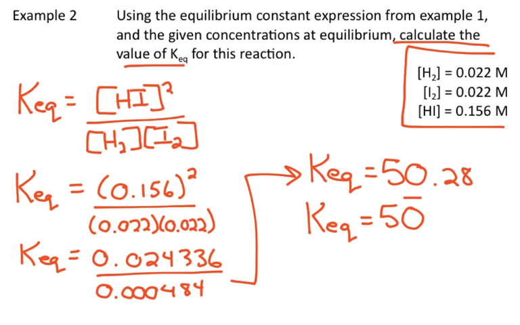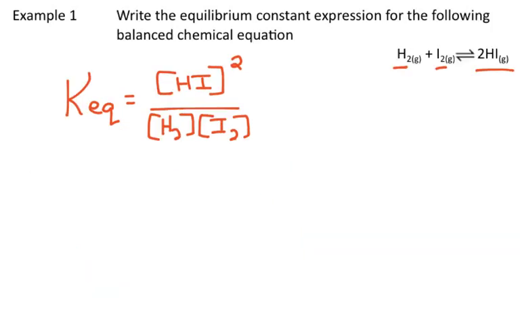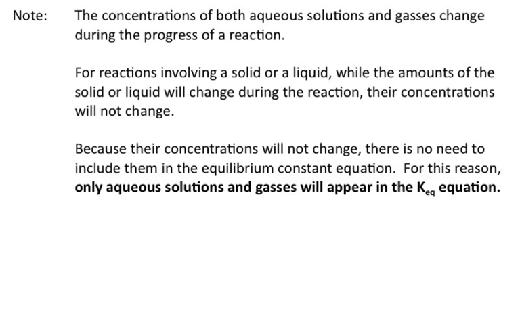Now I want to jump back to example 1 just for a moment in order to make a point about something. The states that the substances are in are important when it comes to KEQ. You notice that all of these substances were gases. And the concentration of a gas can change during a chemical reaction. In fact, the concentrations of aqueous solutions as well as gases can change.